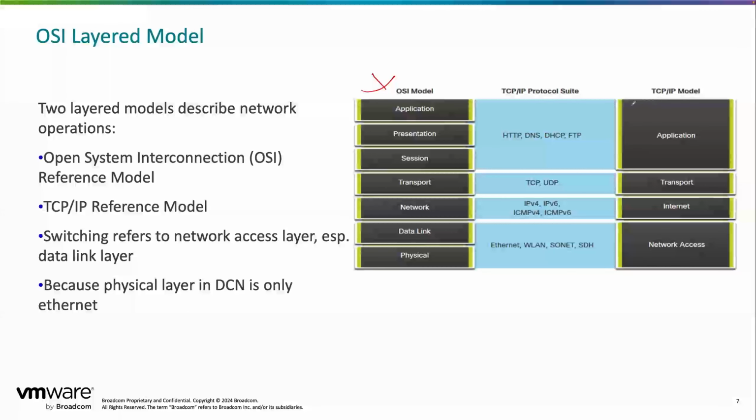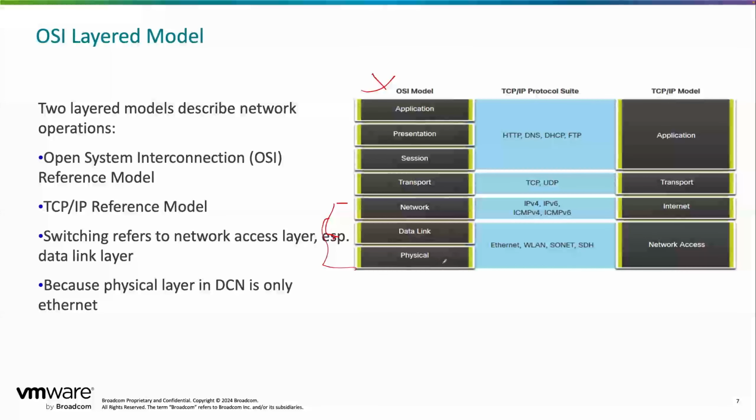The TCP model was derived from the Unix operating system because the TCP/IP stack was embedded into Unix 40 or 50 years ago. And this is our standards-based model. You can see there are 7 layers. In this series, we just focus on these 3, I think.